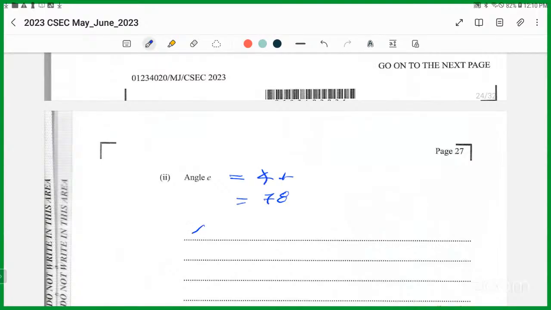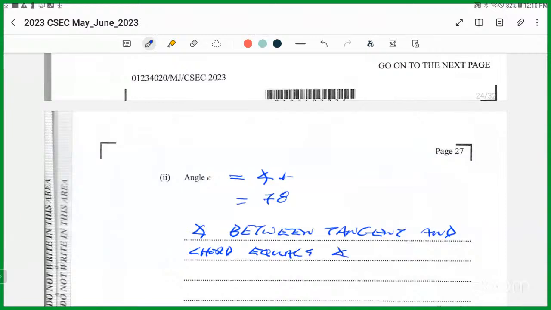That's because the angle between tangent and chord equals the angle subtended by the chord.